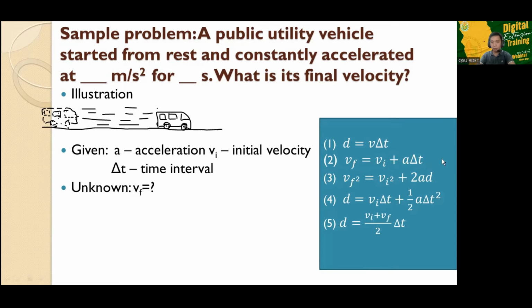So we have all of this information, and it also includes what is being asked. So the final question is, can we use this equation? Of course, yes. So the equation that we're going to use to solve the problem is VF is equal to the initial velocity plus the product of acceleration and delta t.